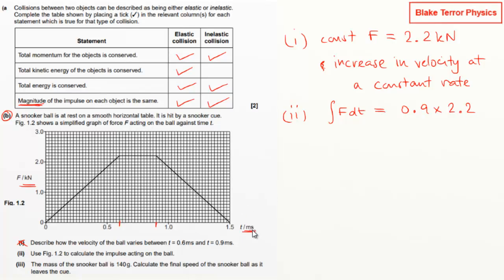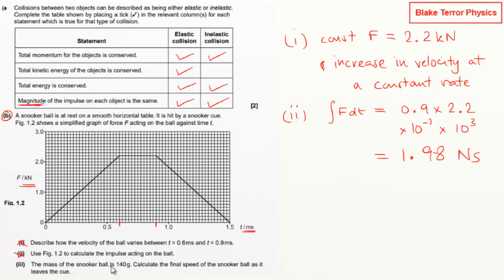And yes, the milliseconds in the time and the kilonewtons in the force are going to cancel out. So that's 0.9 times 10 to the minus 3 multiplied by 2.2 times 10 to the 3, so they're just going to disappear. We're just left with 0.9 times 2.2, which is 1.98 newton seconds. So that's straightforward as an impulse.